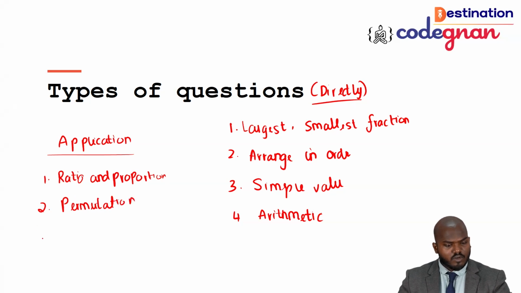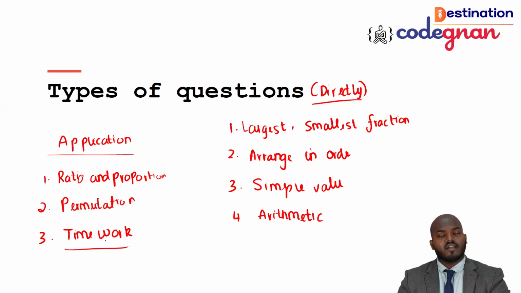And next is time and work. In time and work also, fractions play a very major role. They will not ask you the direct fraction there, but you need to convert, and fraction is a very important parameter inside these applications.